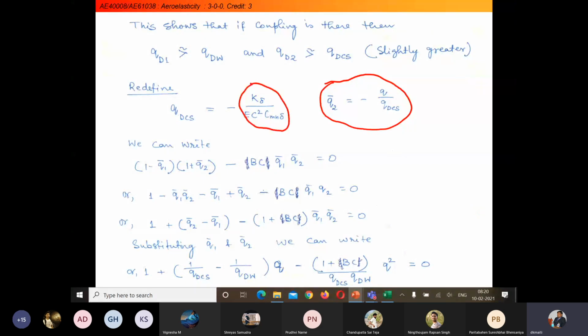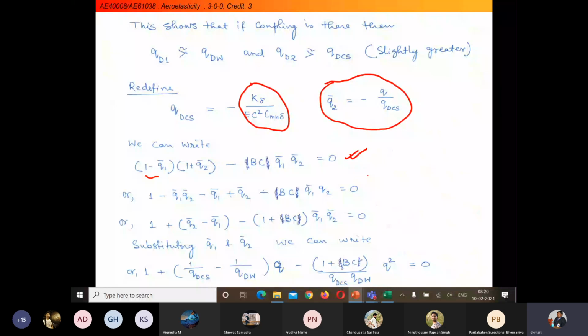After expanding this equation, I get this condition: 1 plus Q2 bar minus Q1 bar minus 1 plus BC Q1 bar Q2 bar equal to 0.